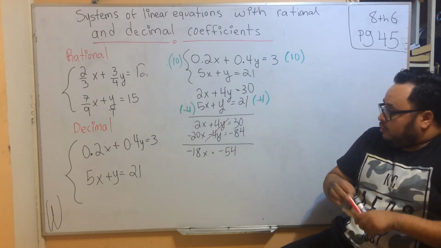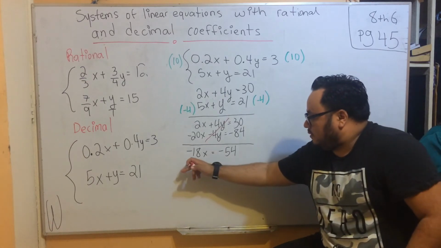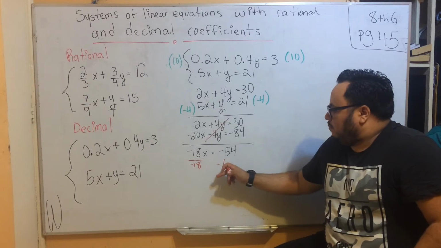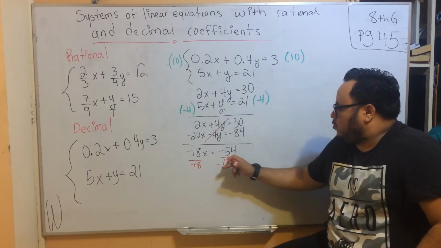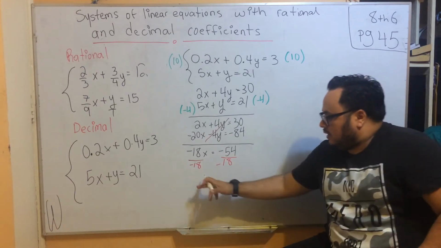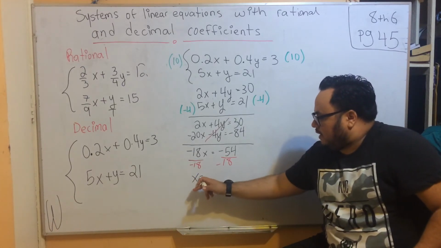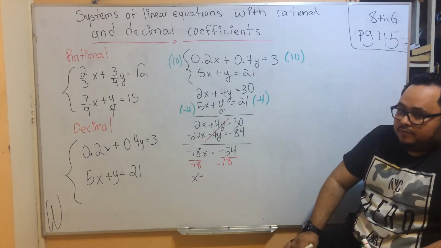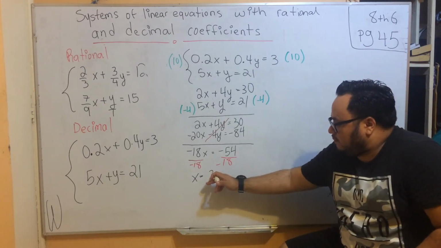So what do we do? We divide by negative 18 on both sides, because remember, what we do on one side, we need to do on the other side. And here we would have x equals 54 divided by 18, that's going to be 3.